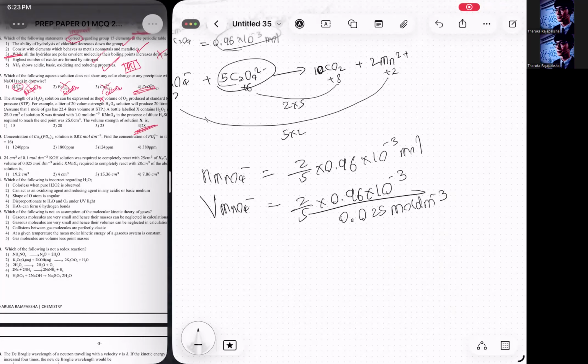So when you simplify everything, 0.96 divided by 0.025, and then you divide by 5, and then you multiply by 2, you are getting 15.36. That's a perfect answer. That's answer number 3.